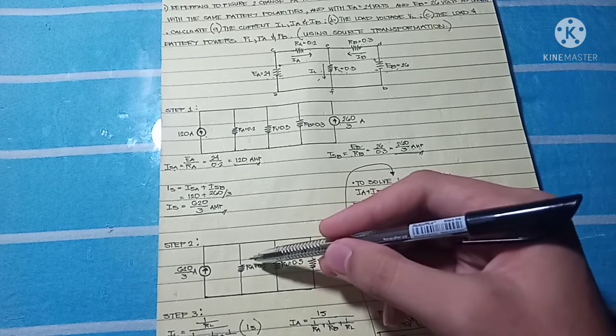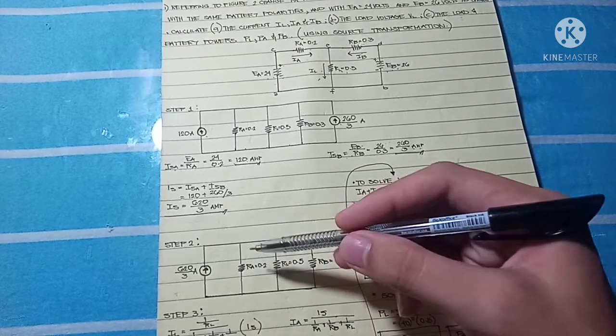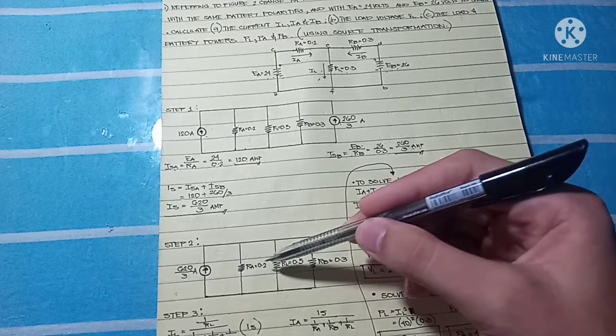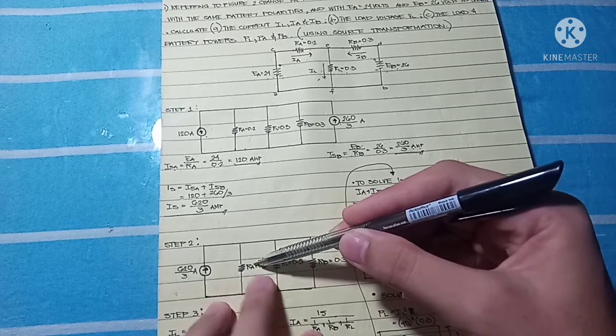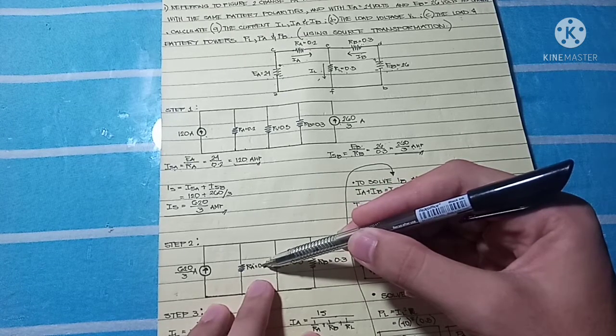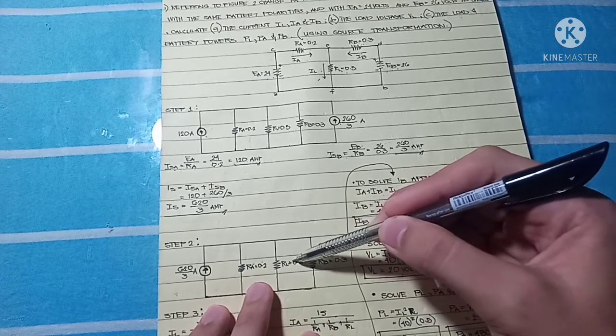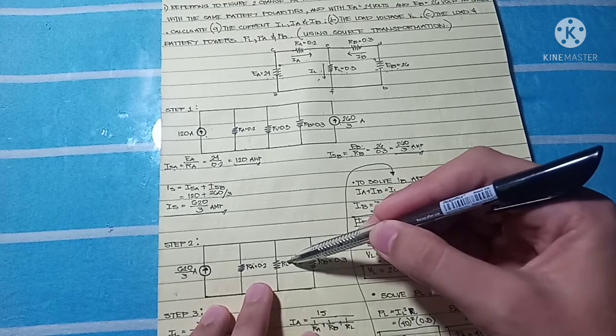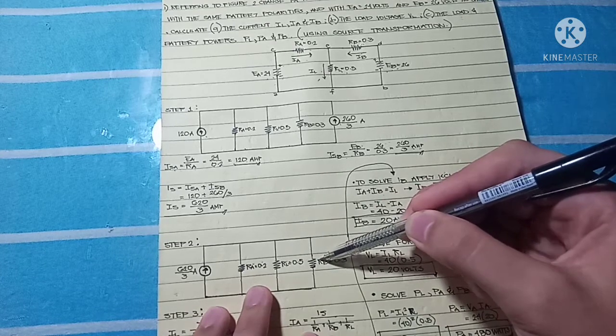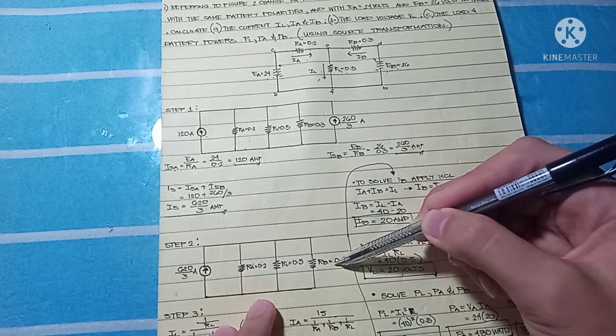So RA, equal to 0.2 ohms, is parallel to RL, equal to 0.5 ohms, and RL is parallel to RB, equal to 0.3 ohms.